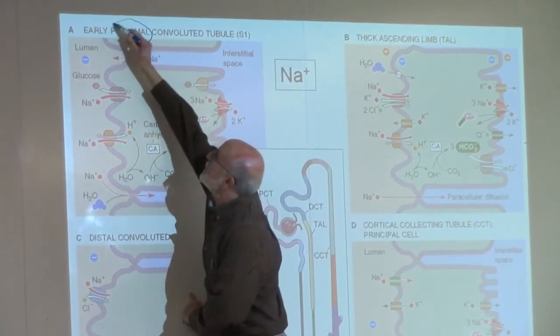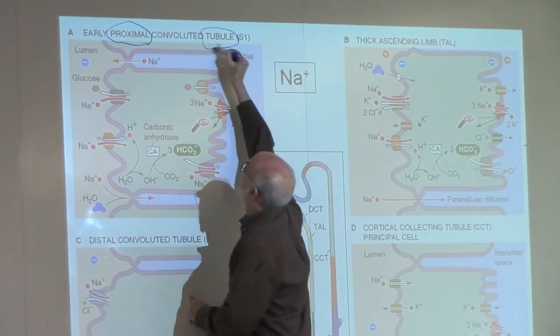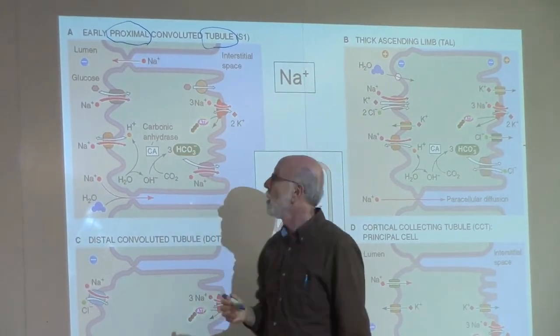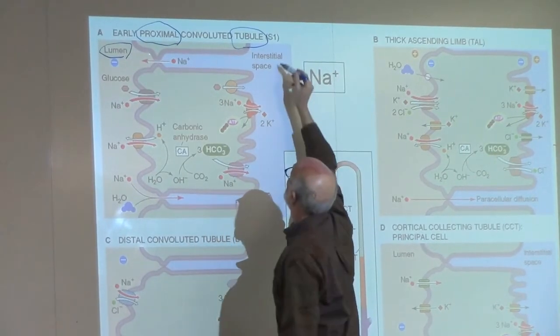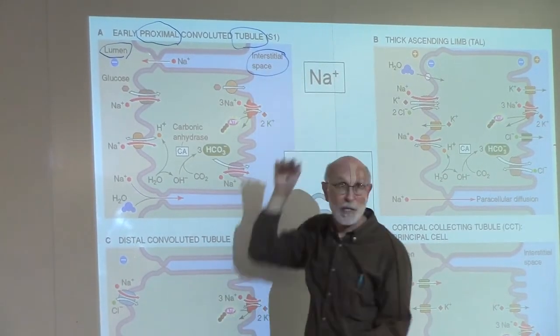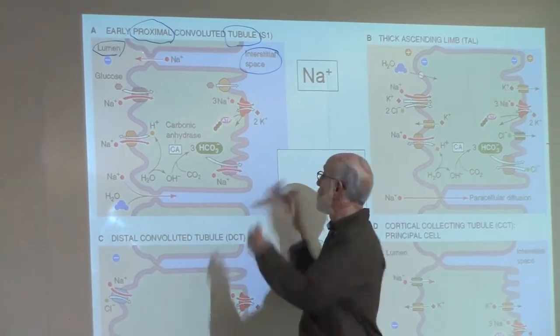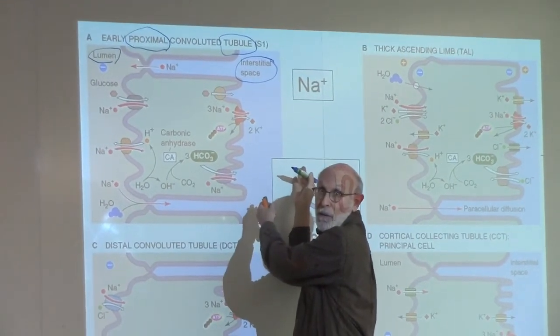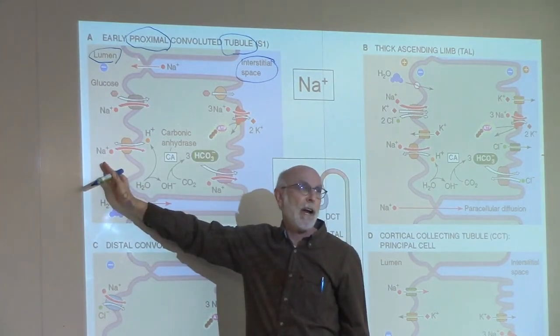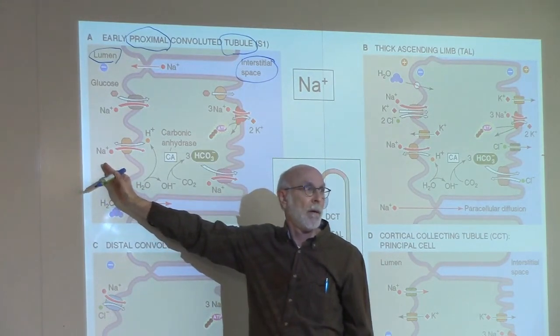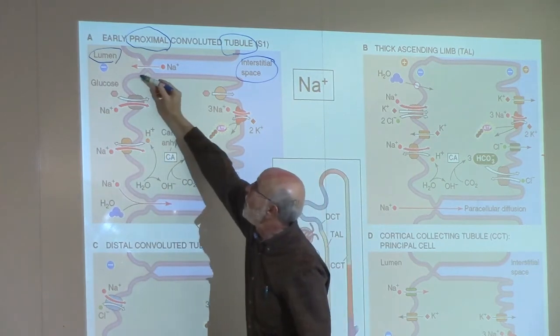This is the proximal tubule. This is the lumen, and this is the interstitial space. Just getting oriented. There's a capillary over here, and this is the urinary fluid over here. What membrane is this?